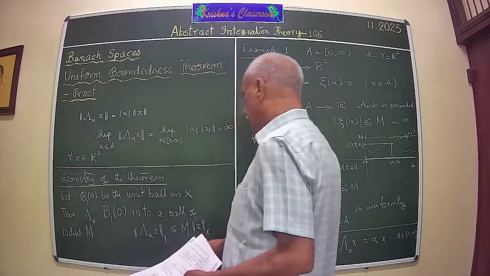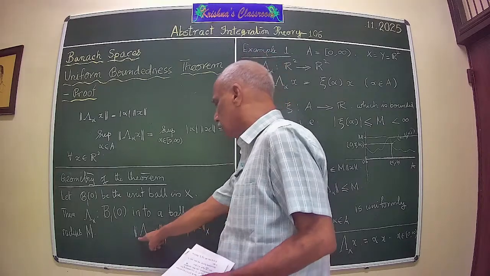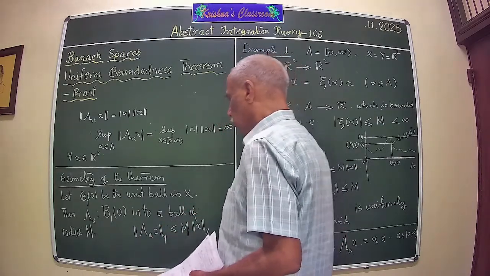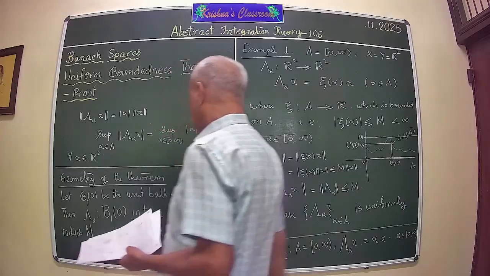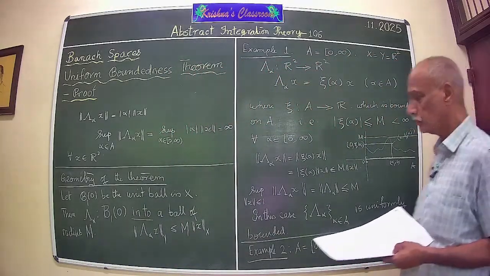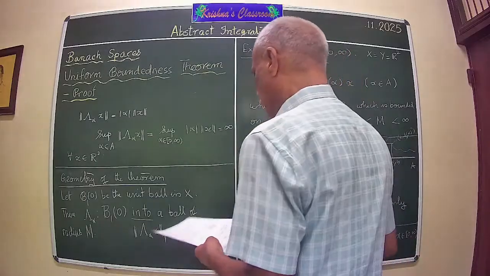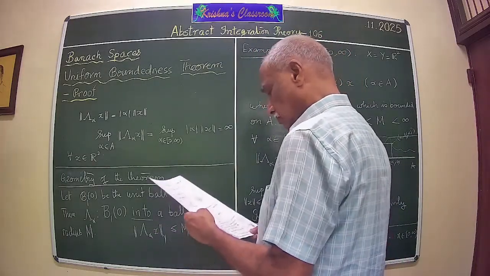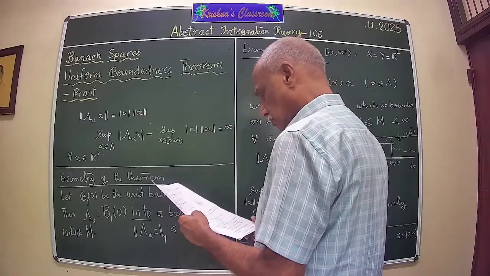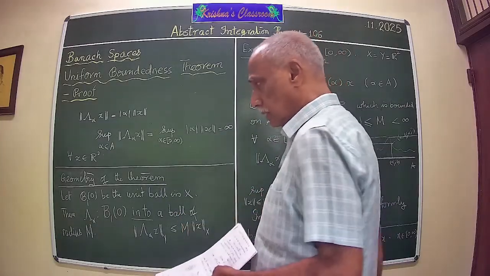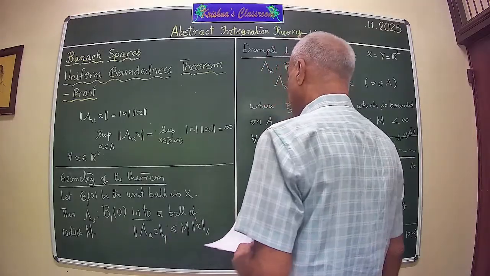So if this is less than 1, then this is less than or equal to. So this gets mapped into a ball of radius. Right. So that is the geometric interpretation of the first part of the theorem.